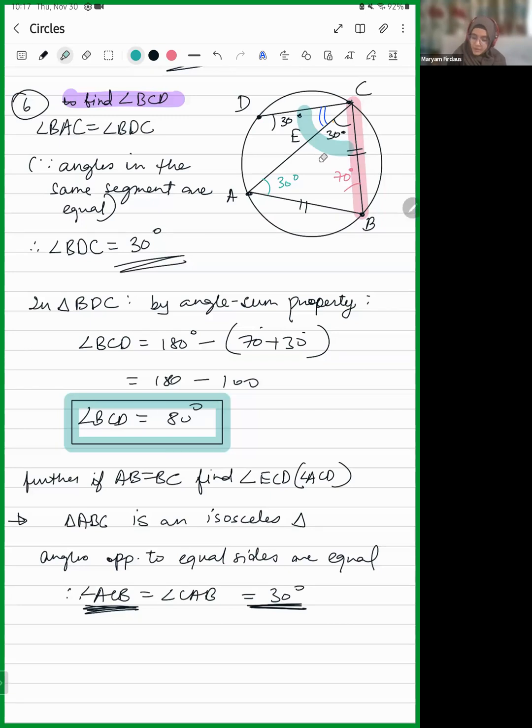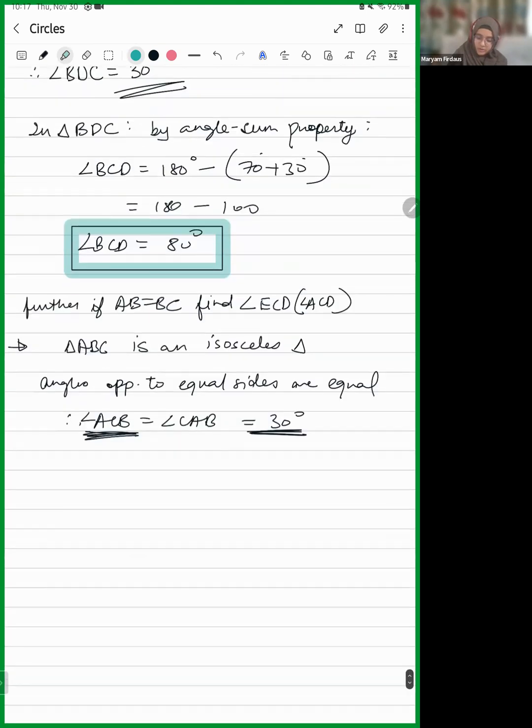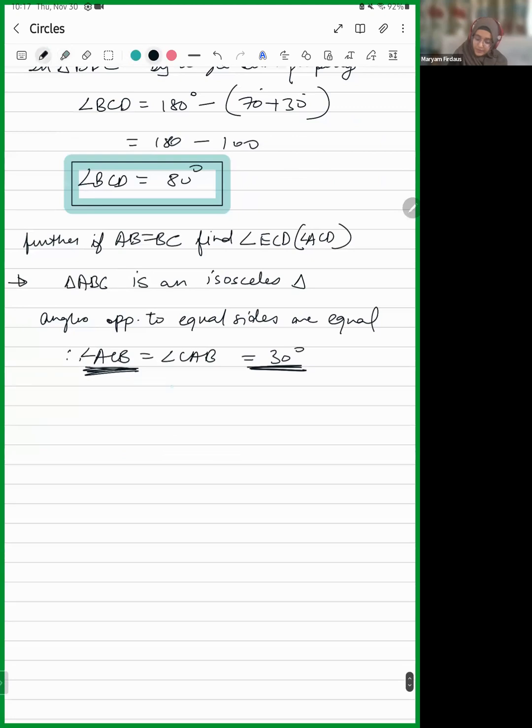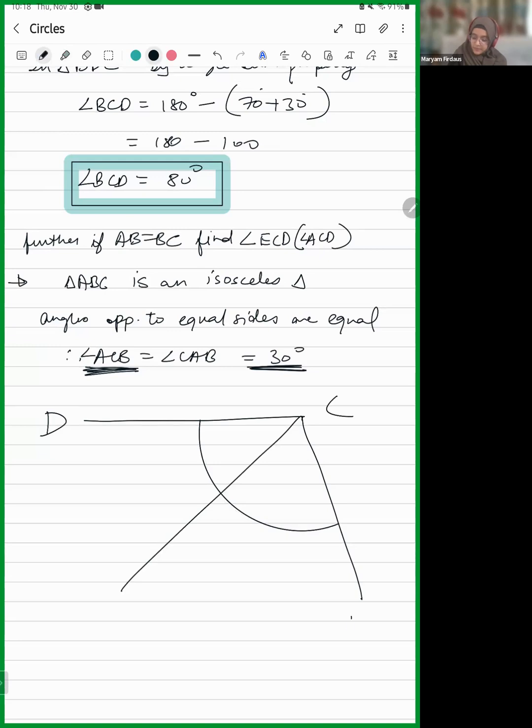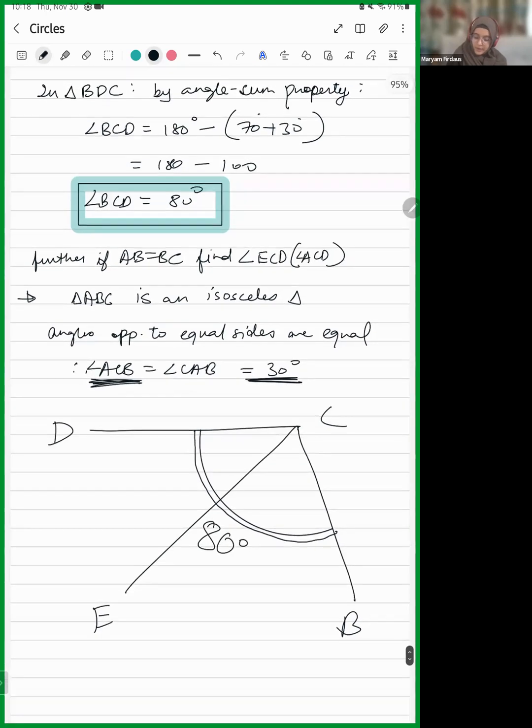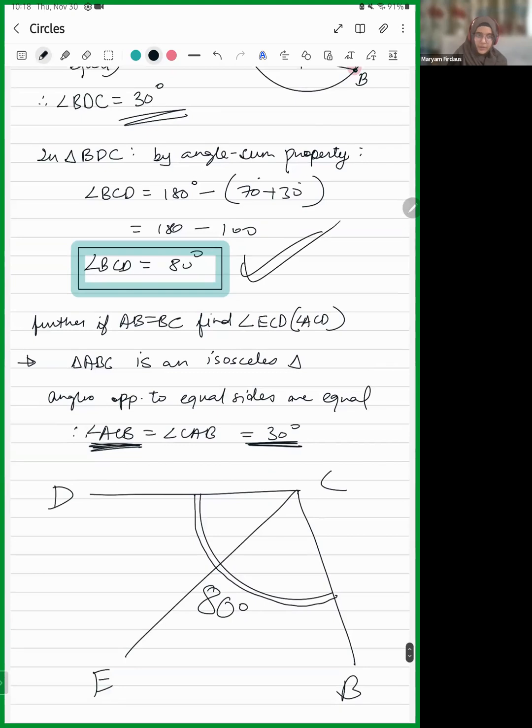I think you didn't understand the question. Let me redraw the diagram, okay? This is your angle. This is DCB. This is E. Now look very carefully. This entire big angle which I've drawn here is 80. Angle BCD is 80.